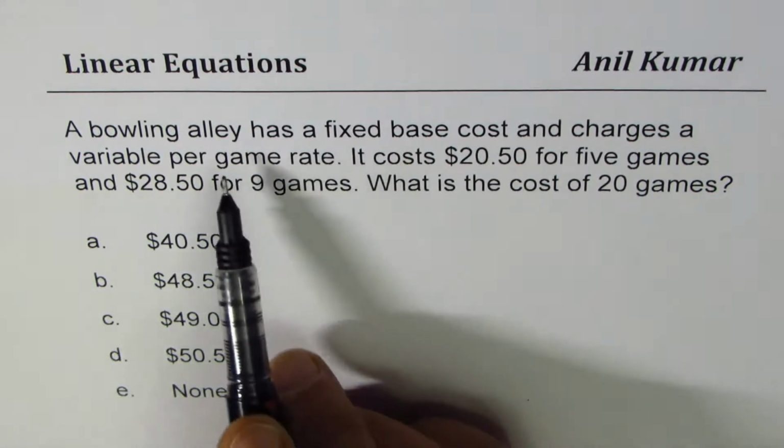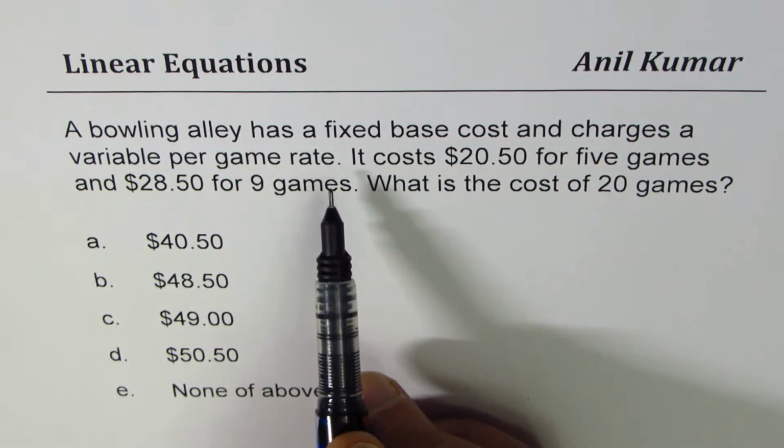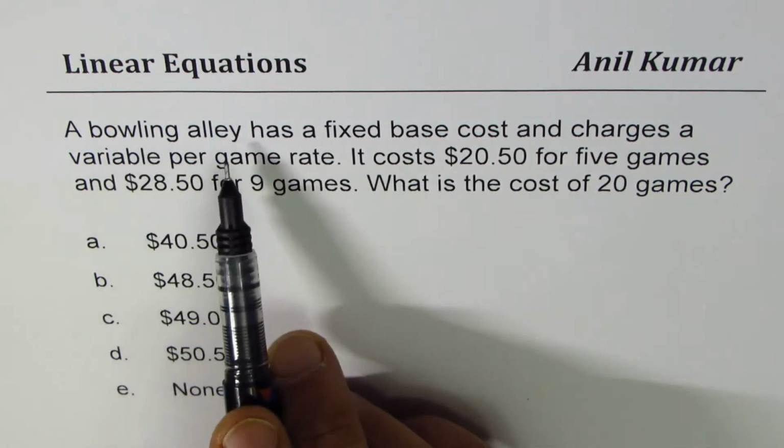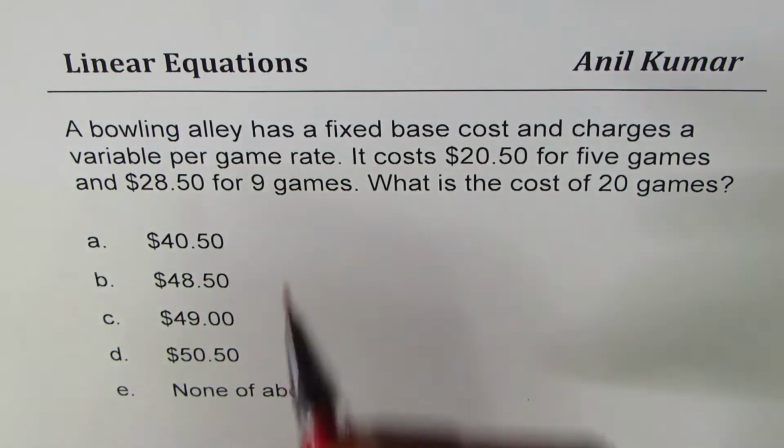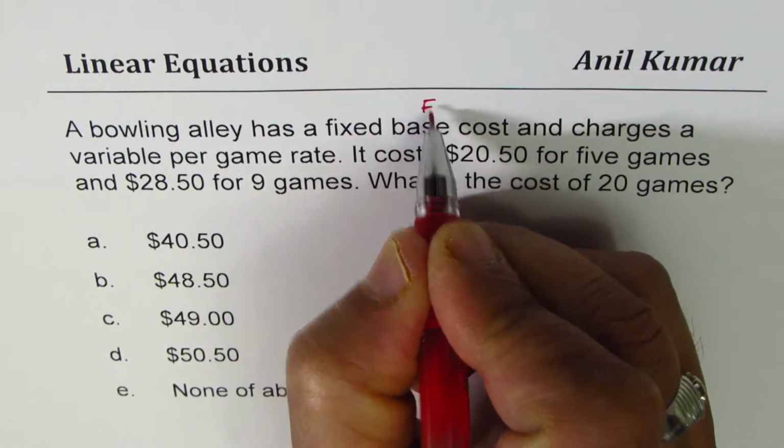Now let's read through this first statement and write down an equation. It says a bowling alley has a fixed base cost. So let's call that a variable, f.